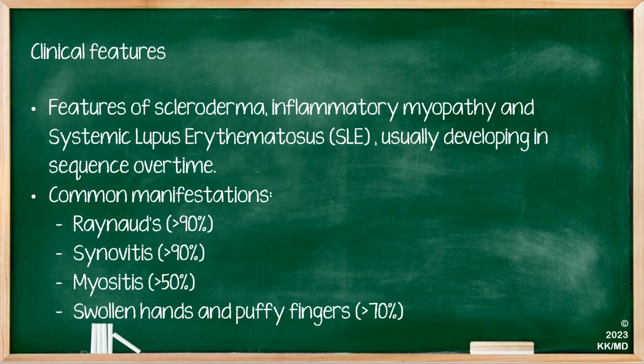And the mean age of presentation is approximately 37. As for its clinical features, it could have features of more than one or all of the following conditions, including scleroderma, inflammatory myopathies, and systemic lupus erythematosus. The common manifestations that you could encounter in your clinical vignettes or your PACES exams really are Raynaud's phenomenon, synovitis, myositis, and swollen hands and puffy fingers.